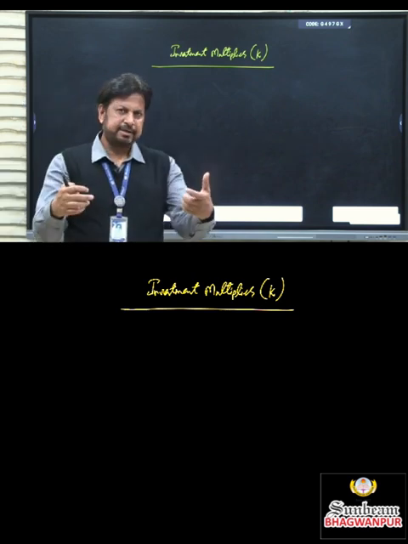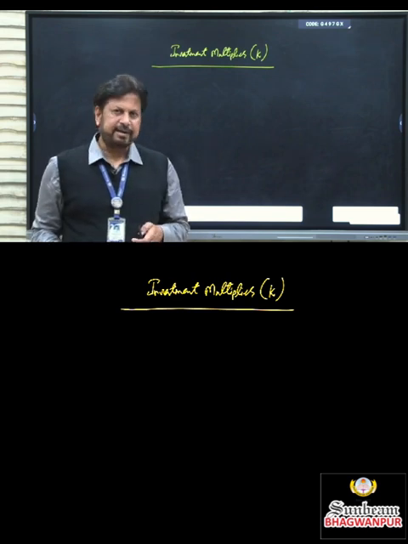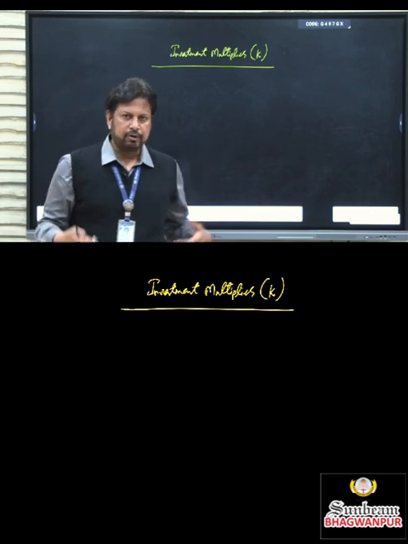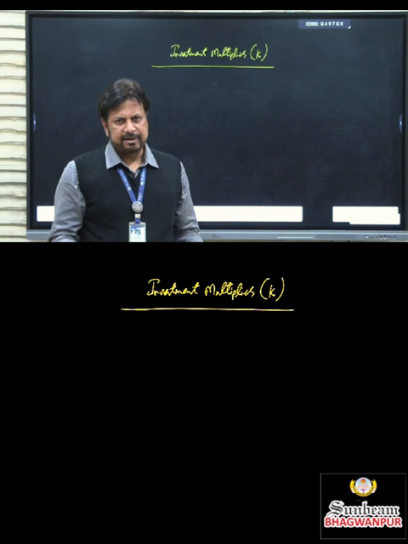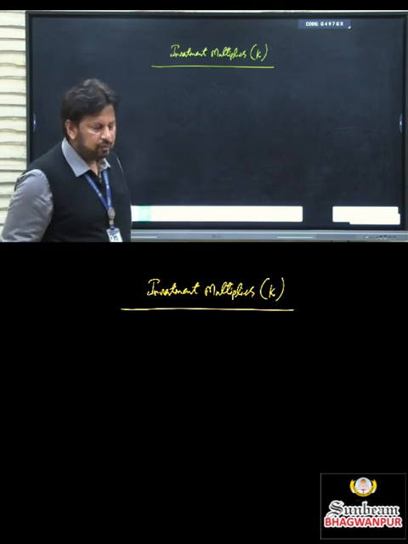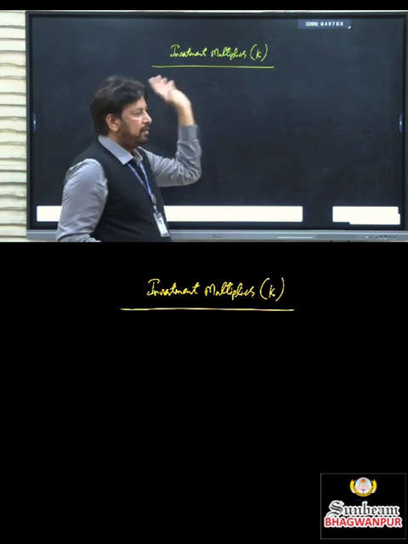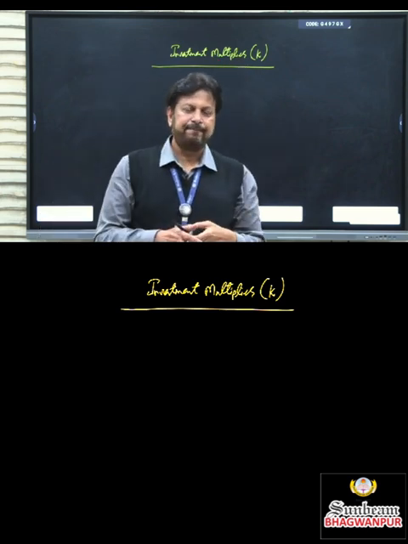Whenever a new investment is done in the economy, there is a rise in national income. You know that if we do some investment, surely it is going to increase income. If your income is rising, it means that national income is also going to rise. So investment has a multiplier effect on income.